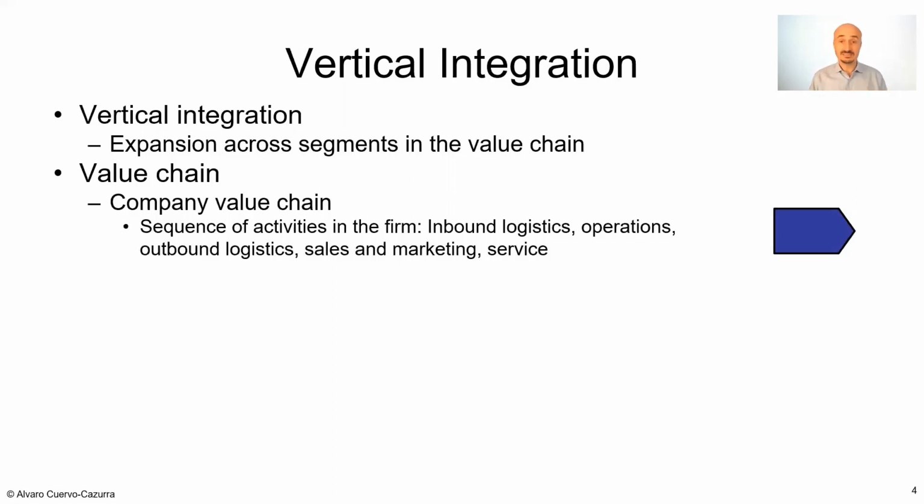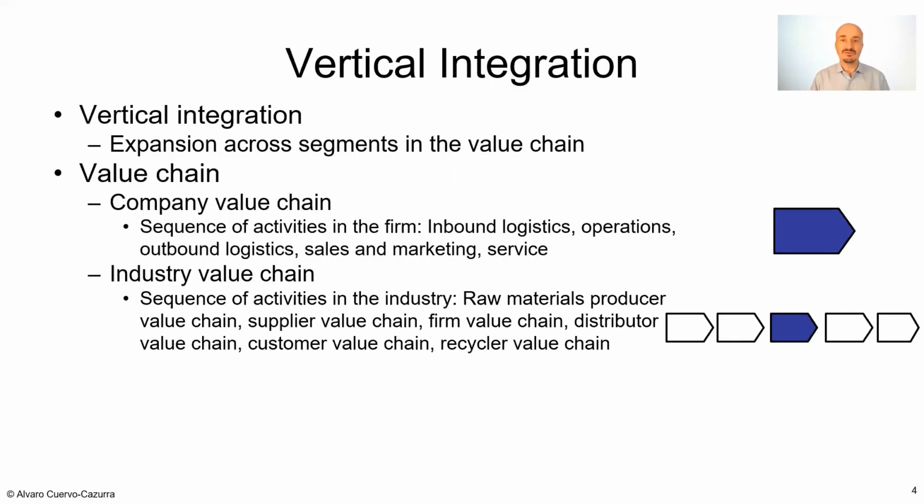There is also, and this is important, another type of value chain, which is the industry level value chain. So that representation of the company level, that company fits within the industry, and you're going to have different segments, and you're going to have companies that are focused on raw materials, and they are going to have their own value chain.